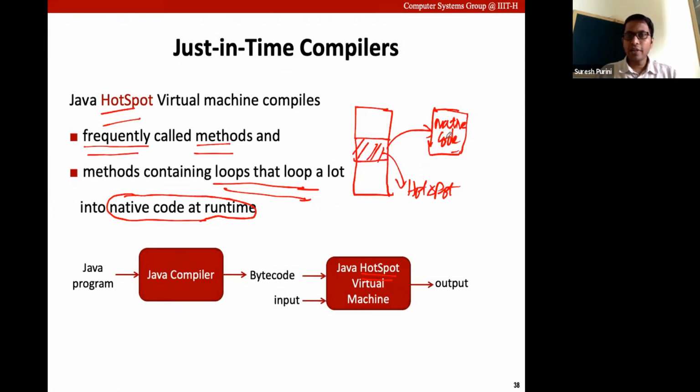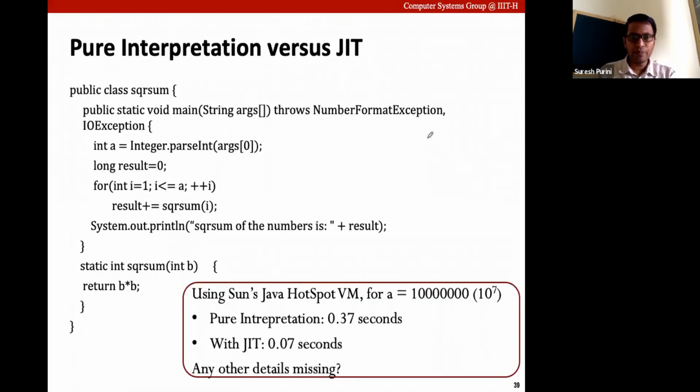Once it gets translated into native code, your program gets a performance boost. For example, in this code, this is the main function, and in it this loop, for large values of a, turns out to be a hotspot.